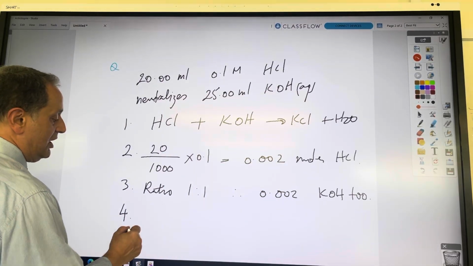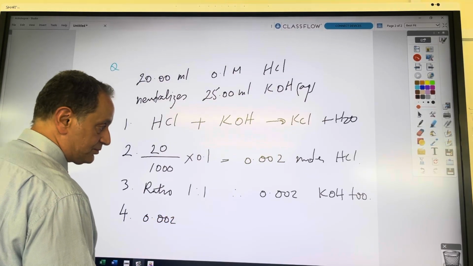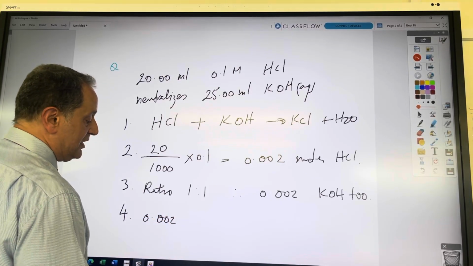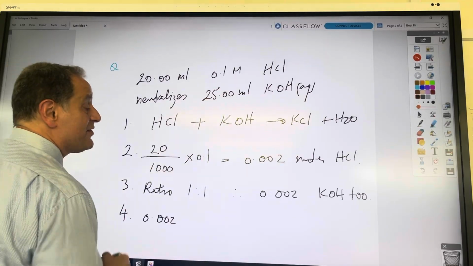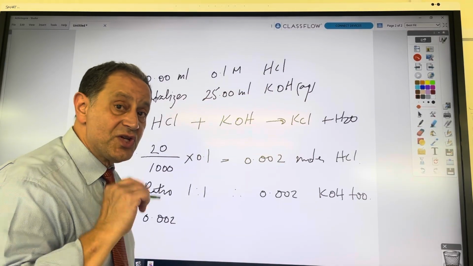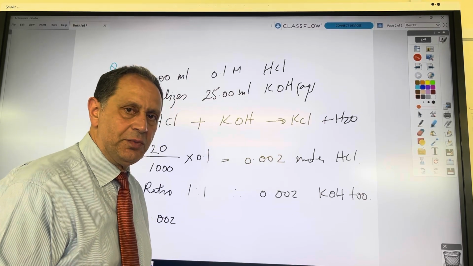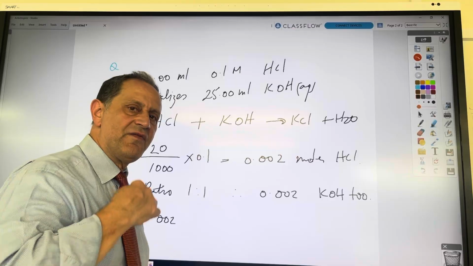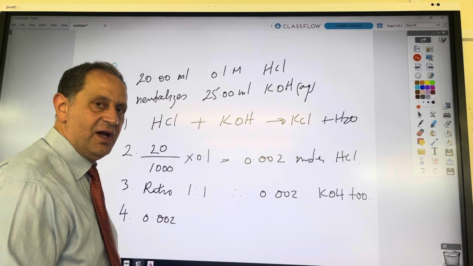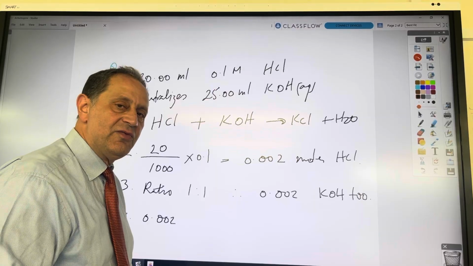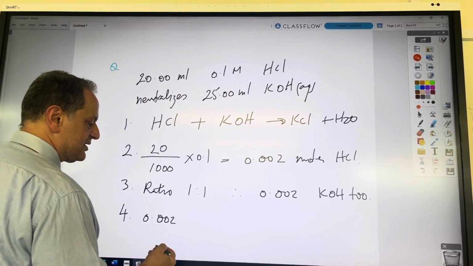Well, you say, if I've got 0.002 moles of potassium hydroxide in 25 milliliter, what was the unit for concentration? Moles per decimeter cubed, or moles per every 1000 milliliter. If you've got this many moles in 25 milliliter, how many would you have in 1000? So you have to multiply it by 40, isn't it? Yeah.